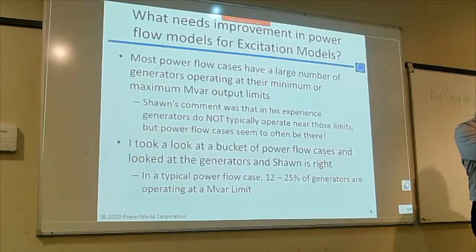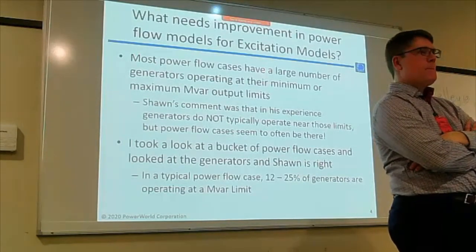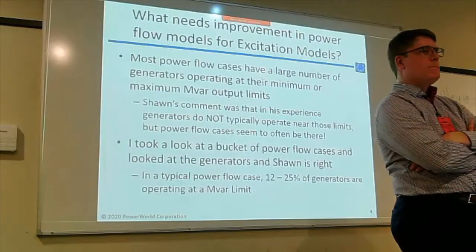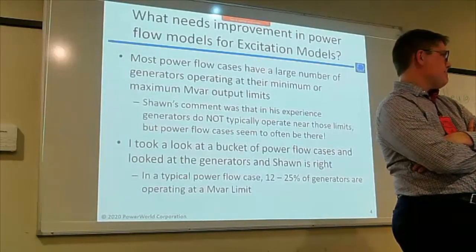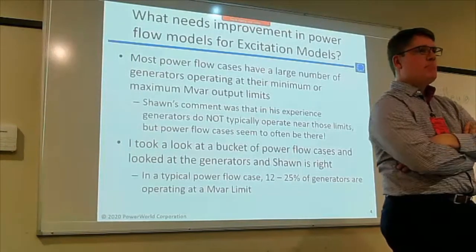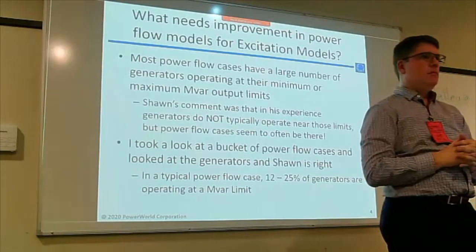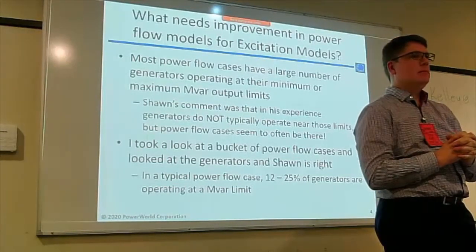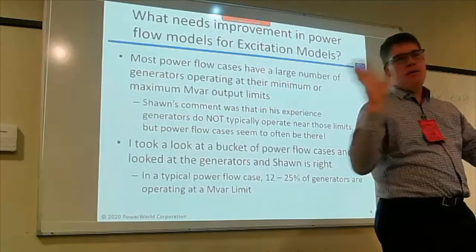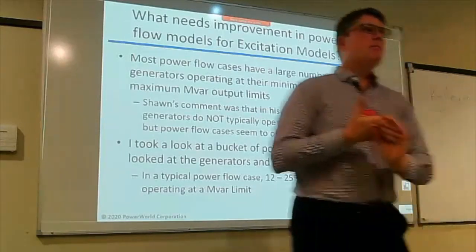It's not 1/4 of them. And you wouldn't have units that were, say, 50 miles apart where one of them's at the max and one's at the min, because that's what's going on here.